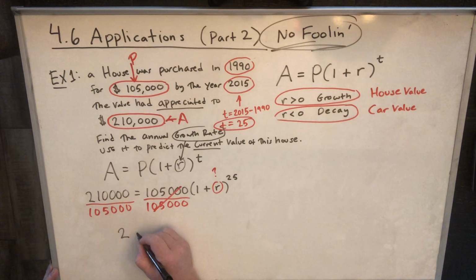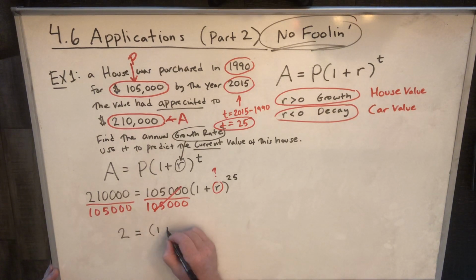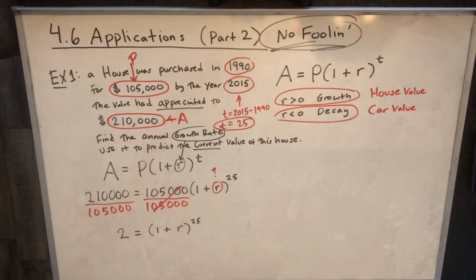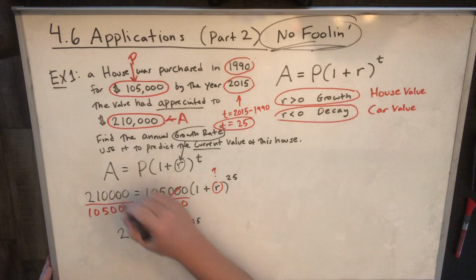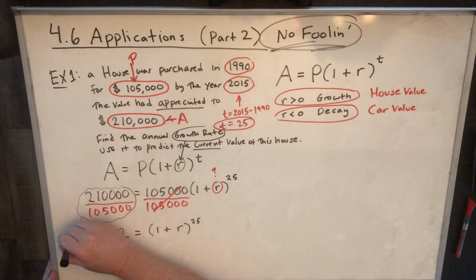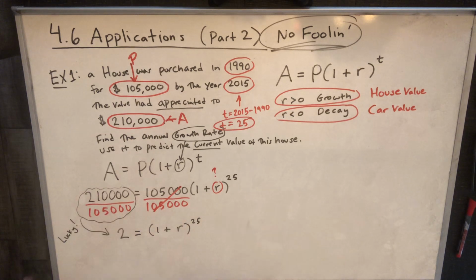Coincidentally, that's actually 2. Just to give us a nice number, the house has doubled in 25 years. That might not always happen. We just got lucky. You might not get so lucky. You might get another value here other than 2. Whatever you get is what you get.